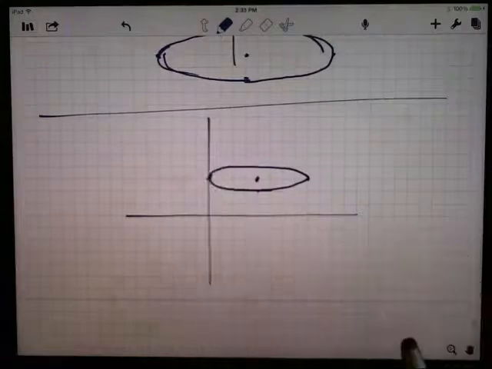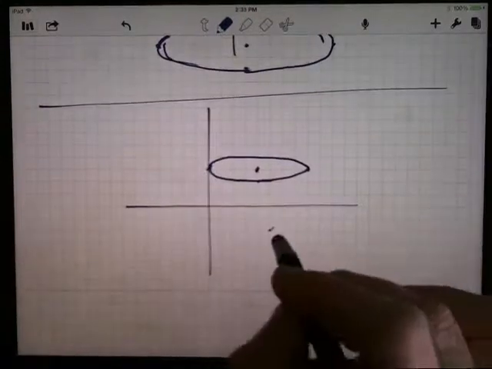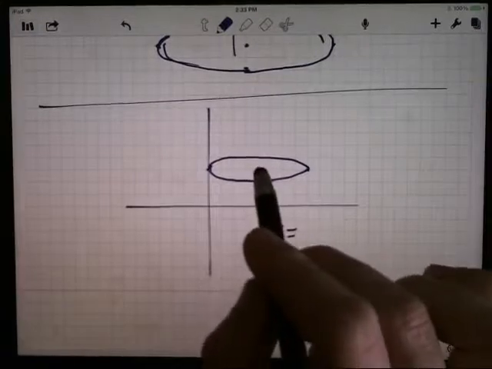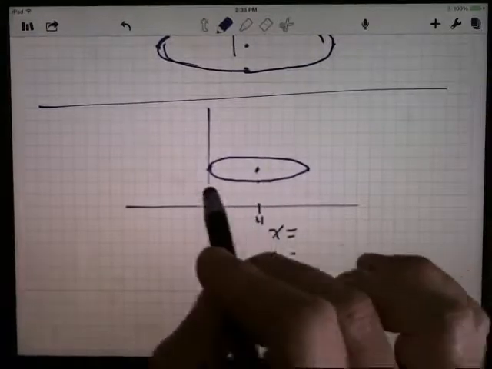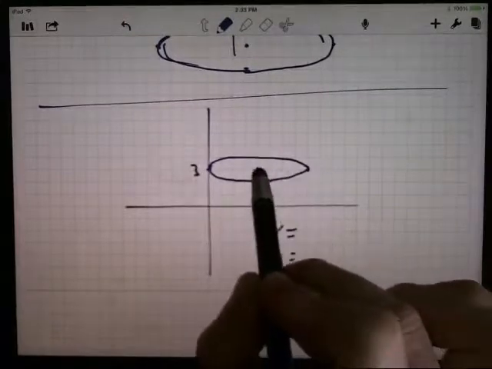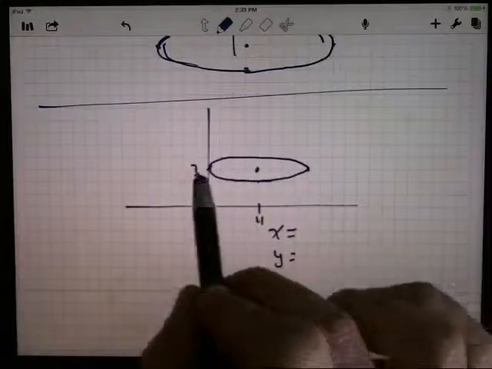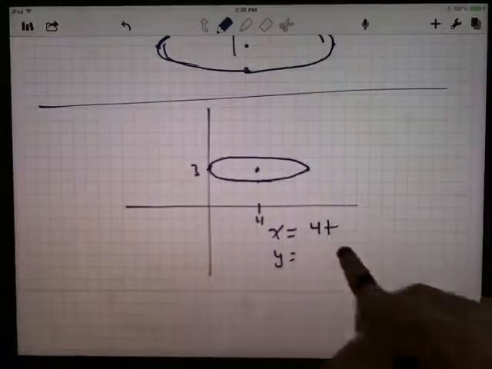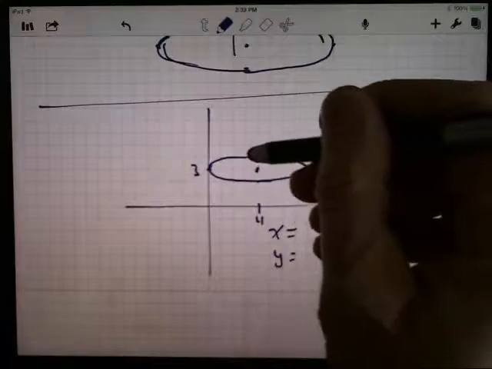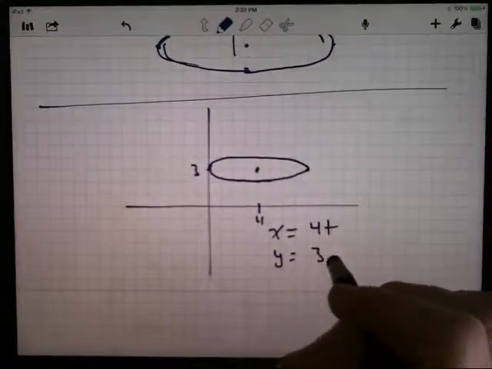Okay. x equals, y equals. Well, the x is going to be centered at 4. This is 4 right here. This is 3. The x is going to get as big as 8 and as low as 0. So the x is centered at 4, so this is 4 plus something. The y is centered at 3, down as low as 2, up as high as 4. So this is 3 plus something.